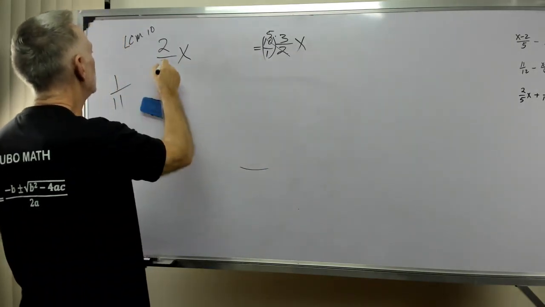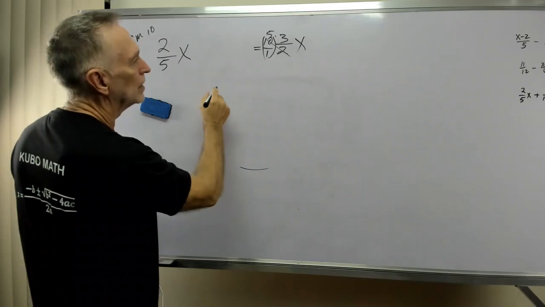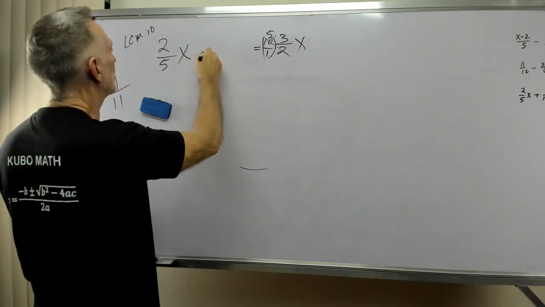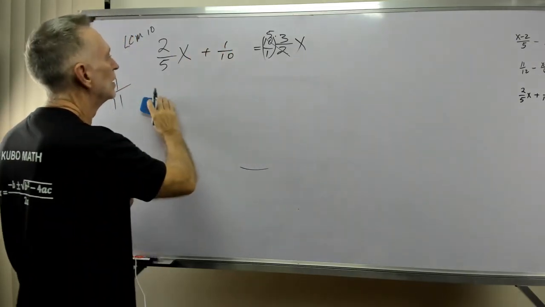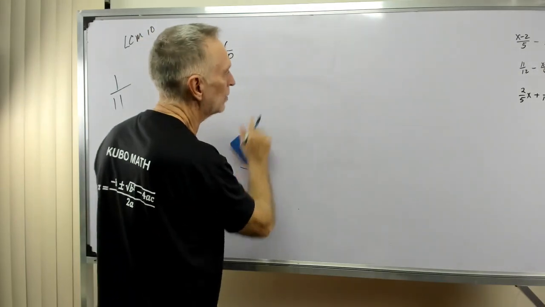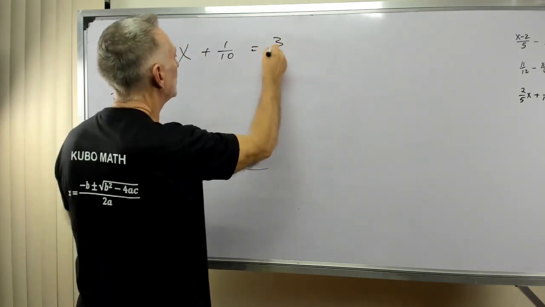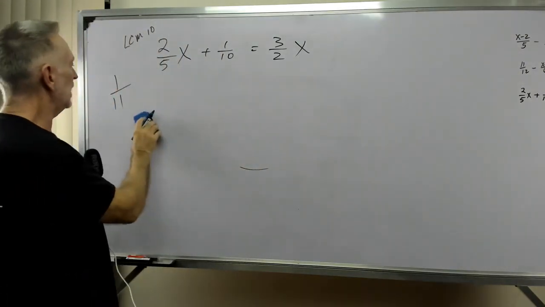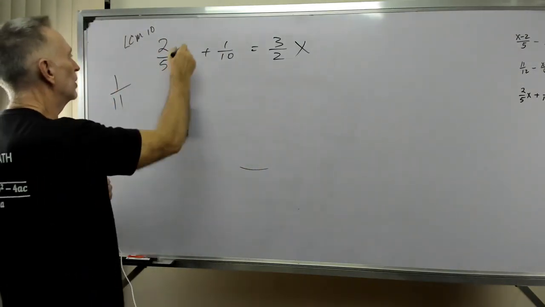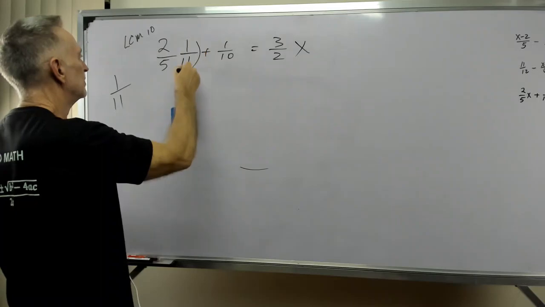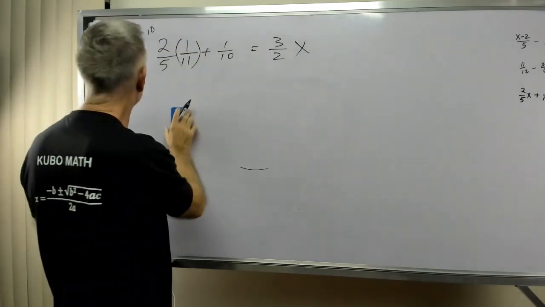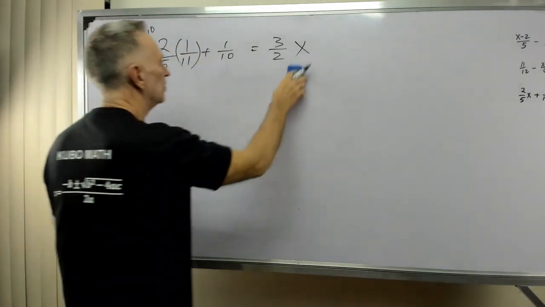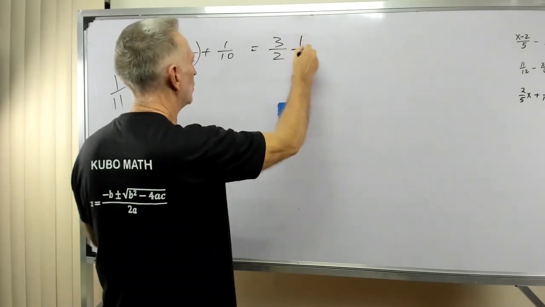All right, 2/5 x plus 1 over 10, and that equals 3 over 2x. So where there's an x, we're going to put 1 over 11. There's no x here, but there is here, so 1 over 11.